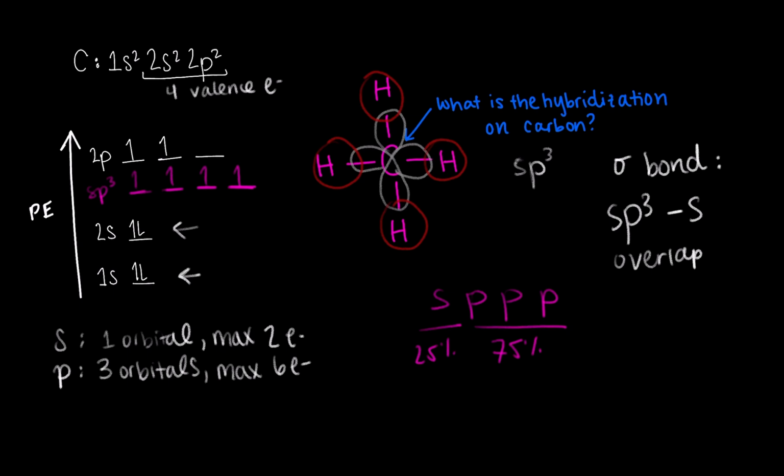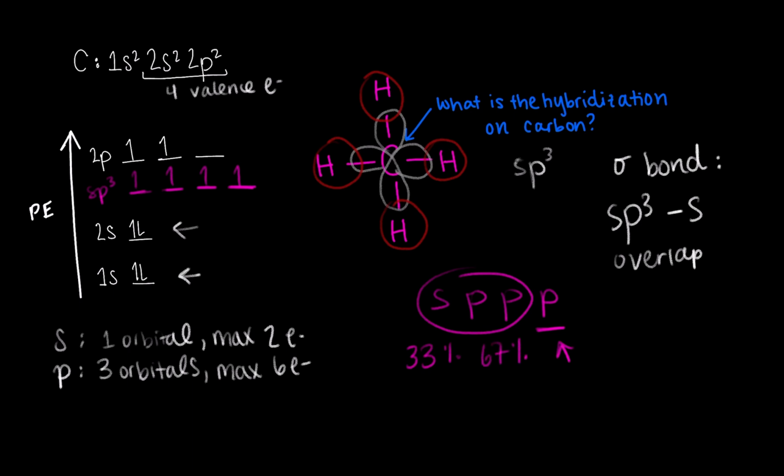Now, just as a little preview for sp2 and sp, if you have something that's sp2 hybridized, for example, that's telling us that we are hybridizing these 3 orbitals, leaving an available p orbital. That's giving us about 33% s character, 67% p character.